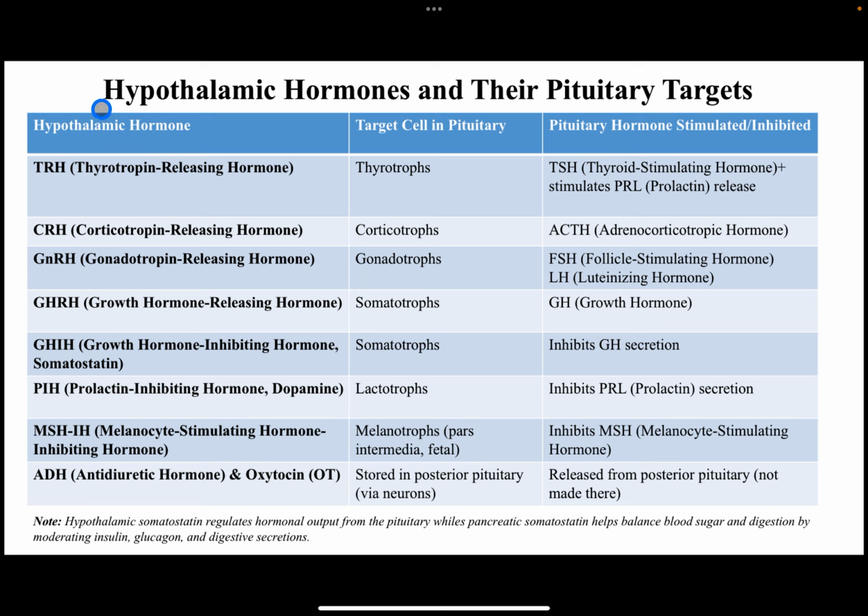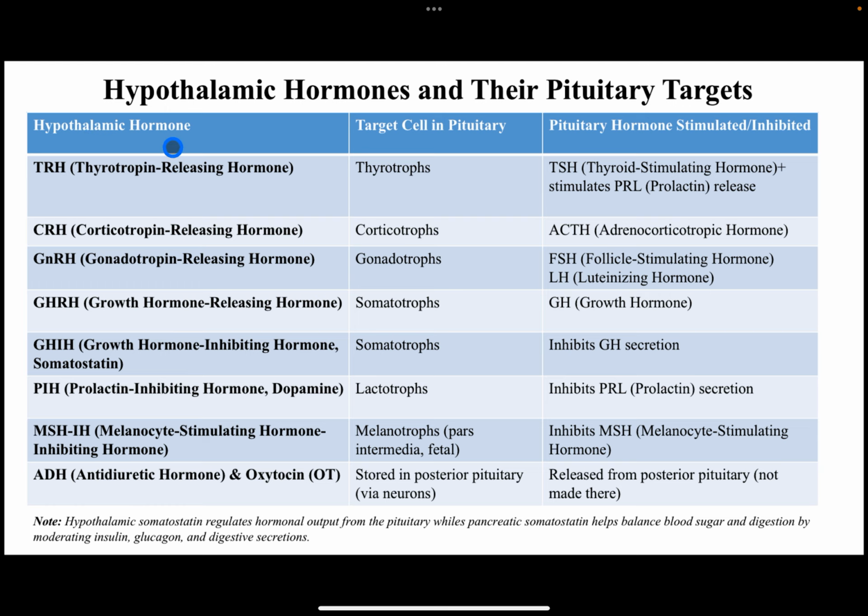In this table, we are going to look at the hormone produced by the hypothalamus, which cell in the pituitary gland they stimulate, and what hormone the pituitary gland is stimulated to produce. This is a very detailed table, and you have to pay rapt attention to understand the functions of the hypothalamus.